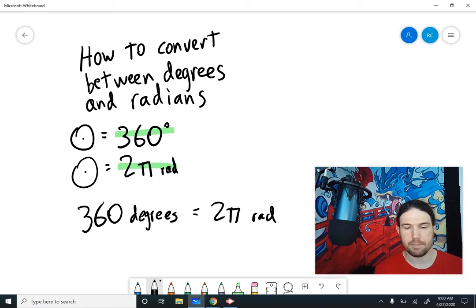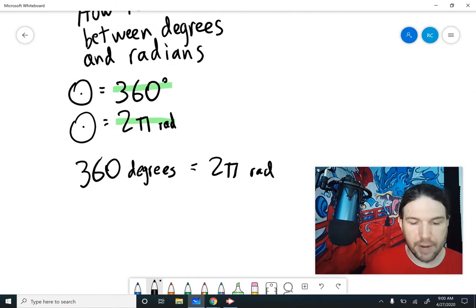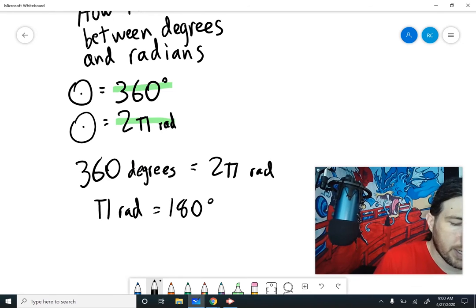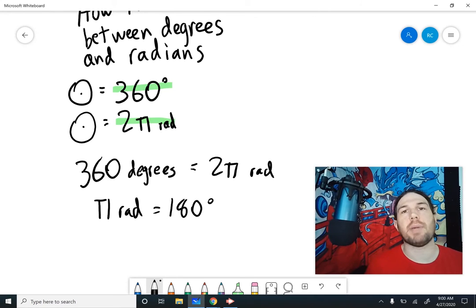Yeah? Dividing both sides by 2, we can say that pi radians equals 180 degrees, and that's going to be our unit conversion. Okay, that's going to be our conversion factor. That's how we're going to get from degrees to radians and from radians back to degrees.